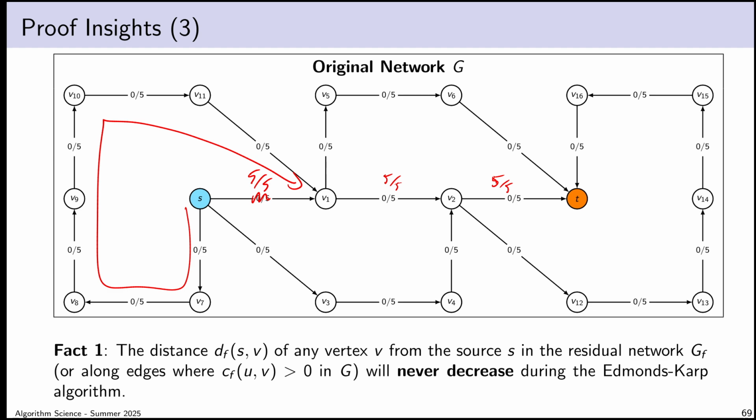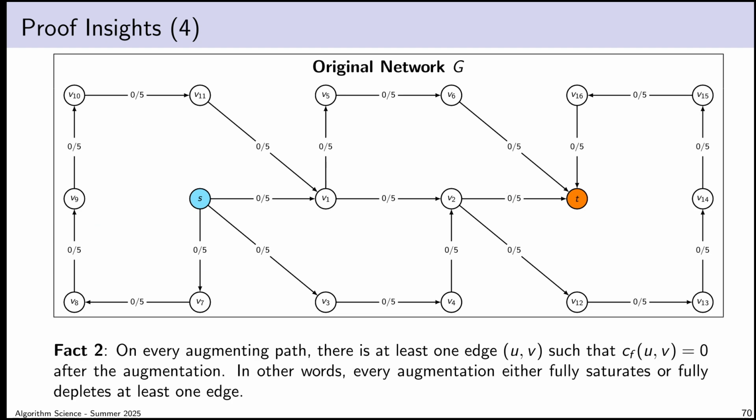Notice that the distance from S to V1 went up, because this edge got saturated, I can no longer get there directly. What fact 1 is saying, what we're going to prove in a few minutes, is that the distance of any vertex from the source over the course of the Edmonds-Karp algorithm never decreases. It might go up, it might stay the same, but it never decreases.